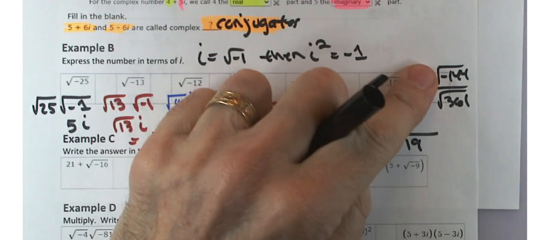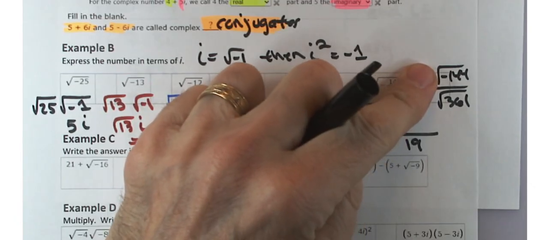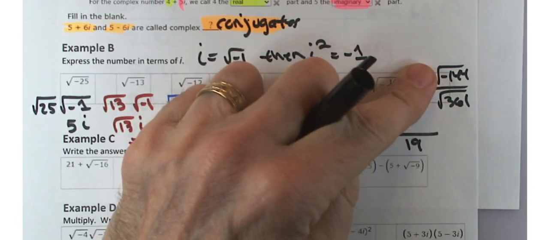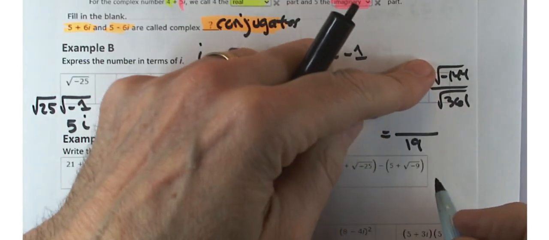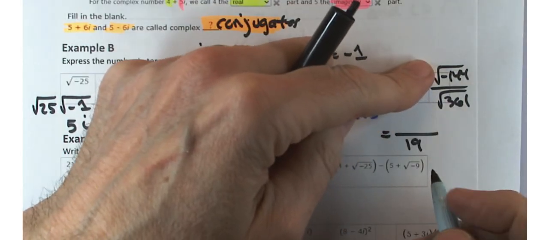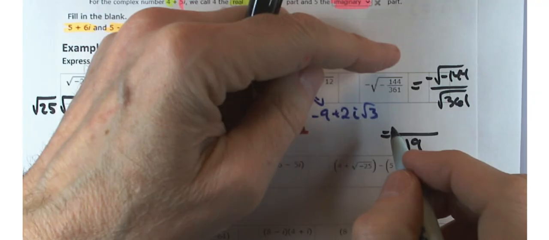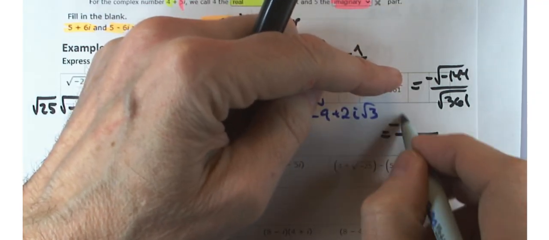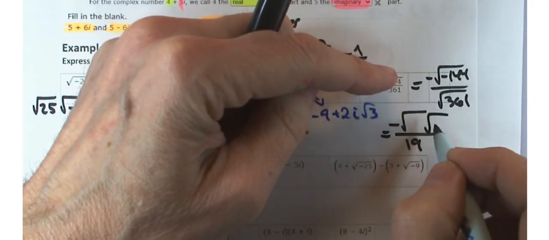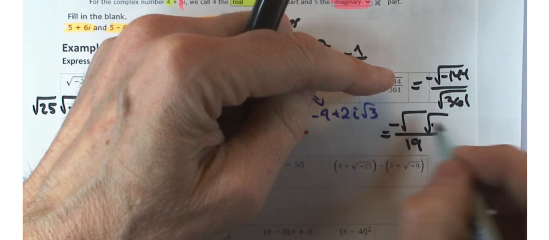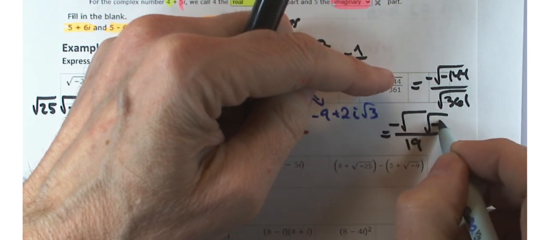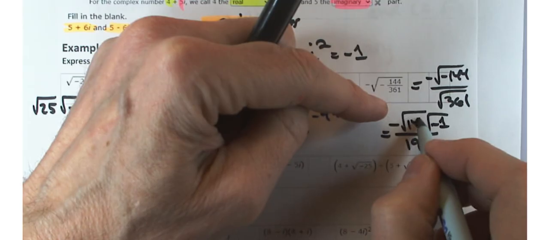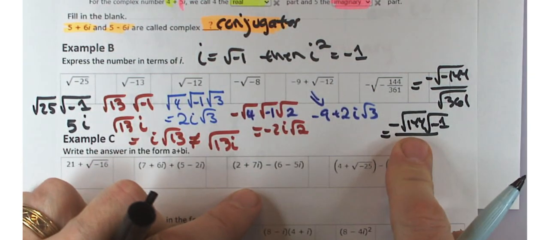Bjorny, any suggestions? Well, let's see. We're going to put a negative out in front. And I'll do a negative 1 here, 144. Go ahead, one more time.